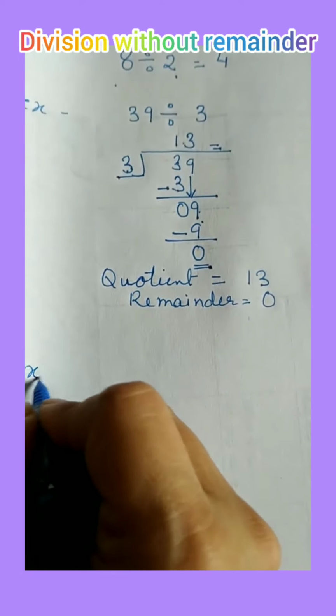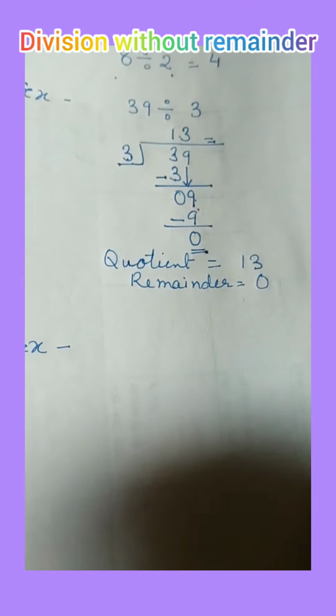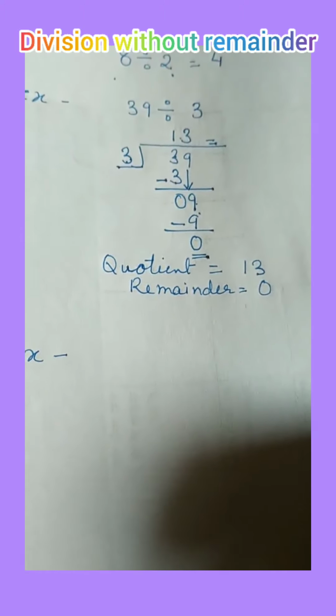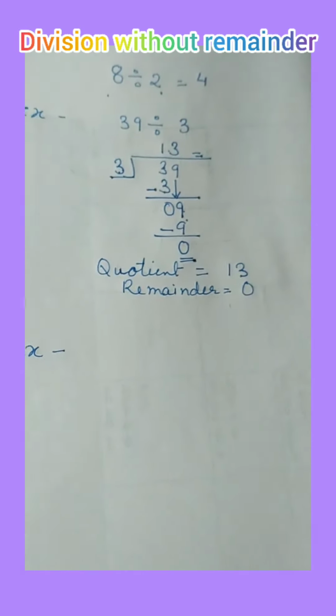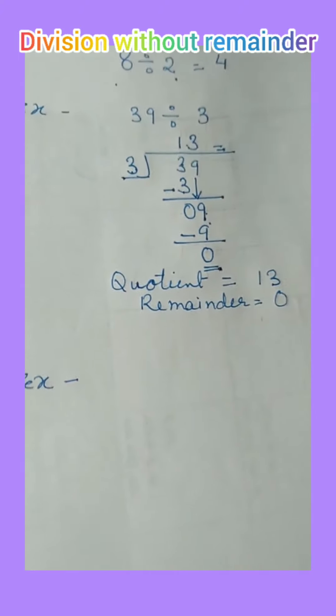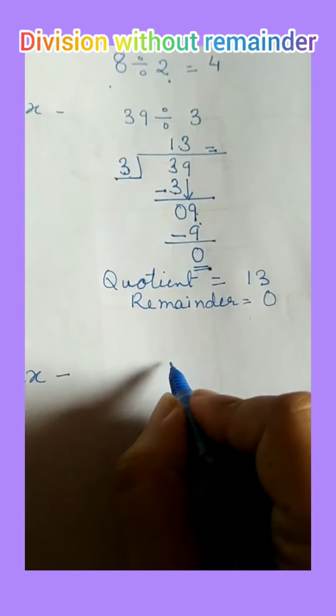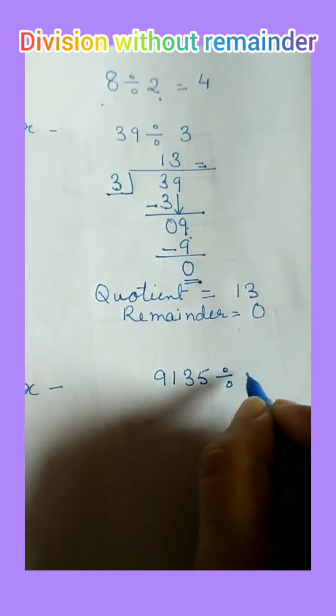By this long method of division, we can divide a 2-digit number, 3-digit number, 4-digit number and so on. Okay. Now I am taking one example of a 4-digit number. Suppose I have to divide 9035 by 9.